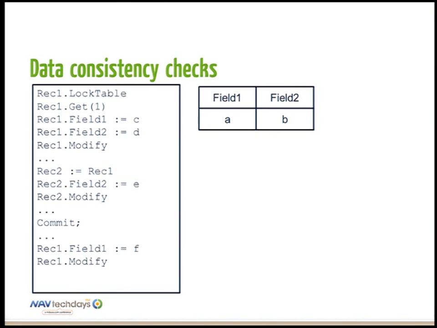So in my example here, I have two instances of the same record, and I start out by making some modifications to it here.